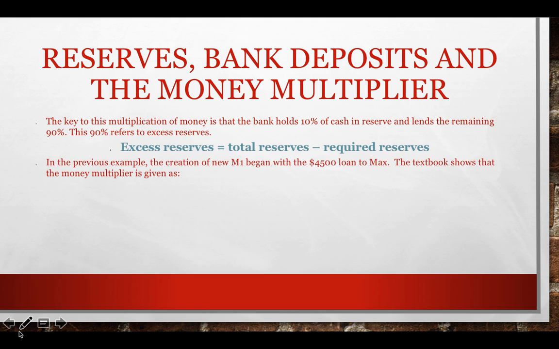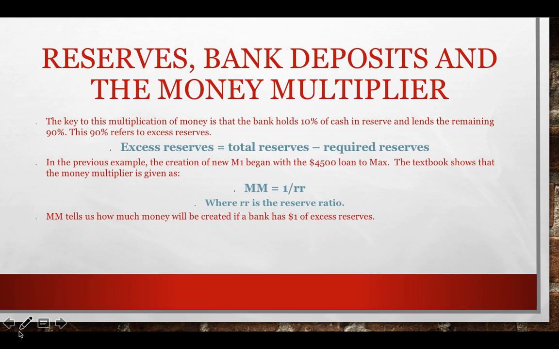So the creation process started with that first $4,500 loan to Max. And the formula for the money multiplier is 1 over the reserve ratio, RR. So the money multiplier is 1 over the reserve ratio. Our money multiplier in this economy is 1 over 10%, which is 1 over 10, or 1/10, which gives us 10.